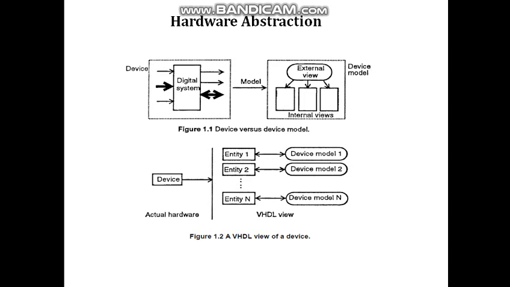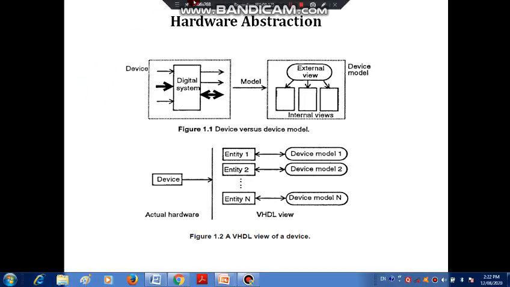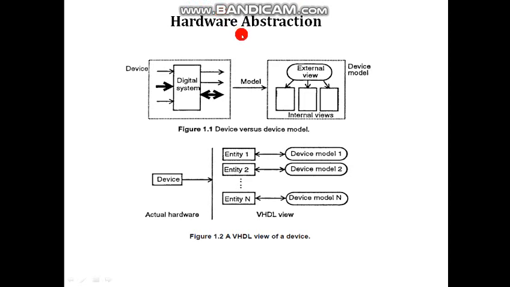For example, if you require a device model of SISO, that is serial input serial output, there is an entity of SISO. If you require a SIPO device model, then there is an entity for SIPO, likewise.